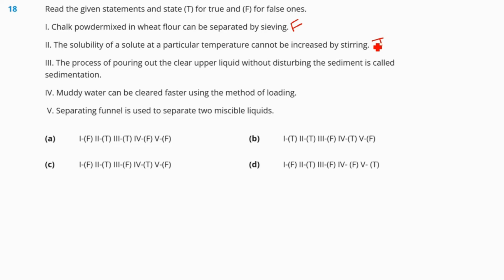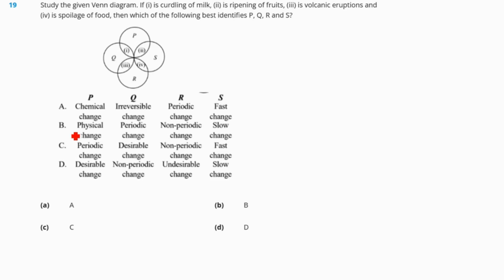Stirring cannot help anymore. The process of pouring out the clear upper liquid without disturbing the sediment is called sedimentation. No, this is false. This is called decantation. Muddy water can be cleared faster using the method of loading. This is true because it increases the weight of the particles. Separating funnel is used to separate two miscible liquids. False. This is for immiscible liquids. So our correct answer is option number C.